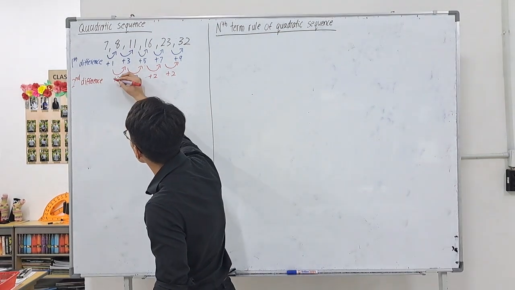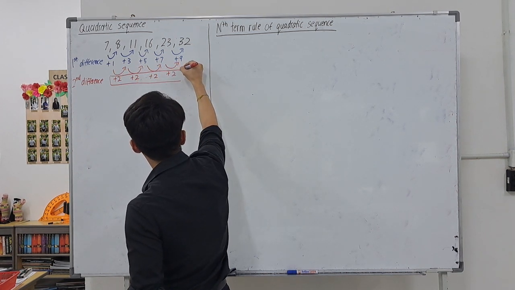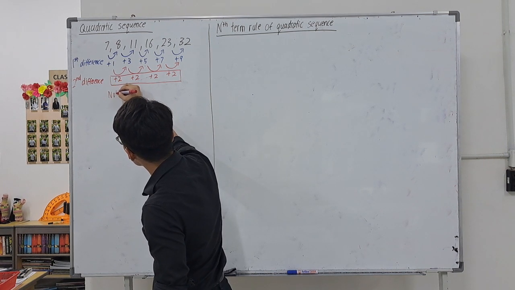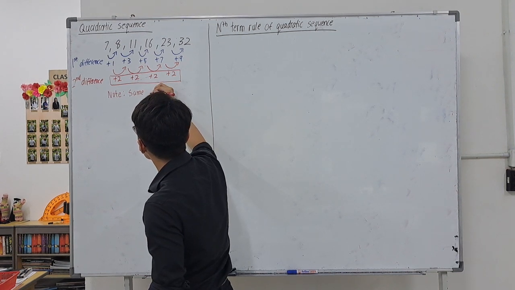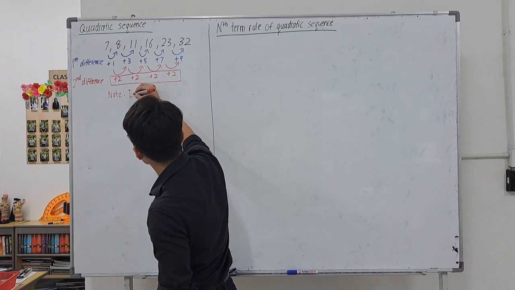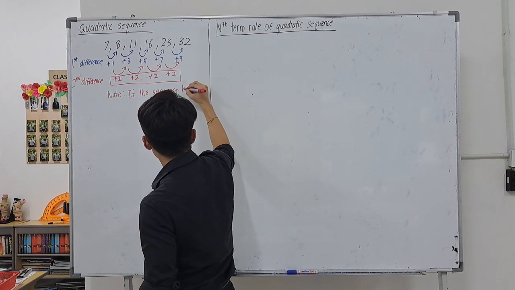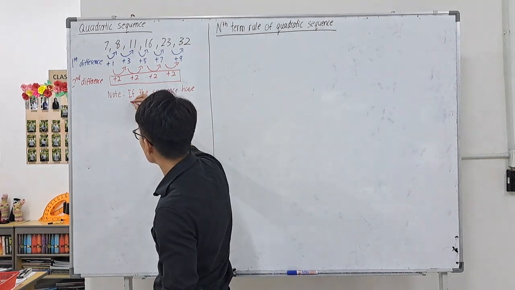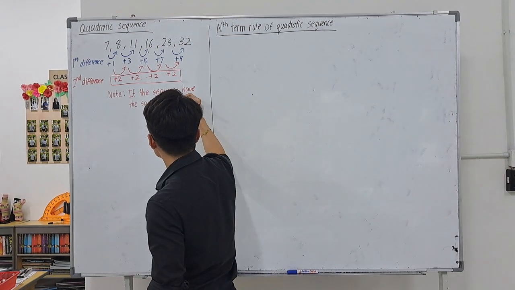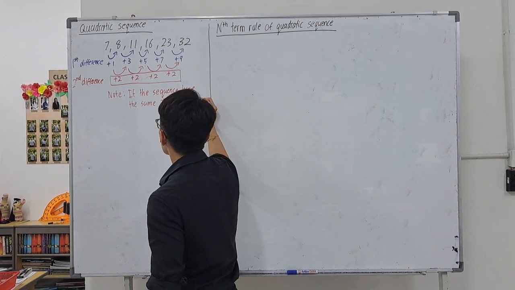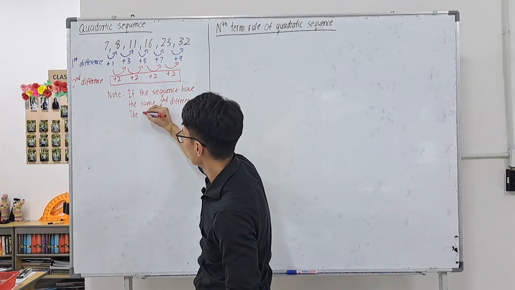So I'll make a note over here. If the sequence has the same second difference, then we can say that the sequence is a quadratic sequence.